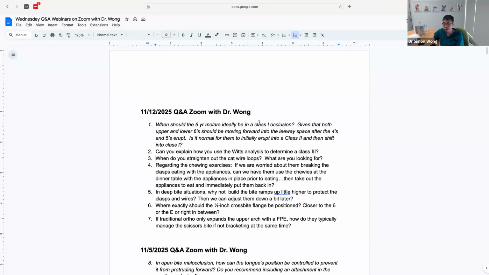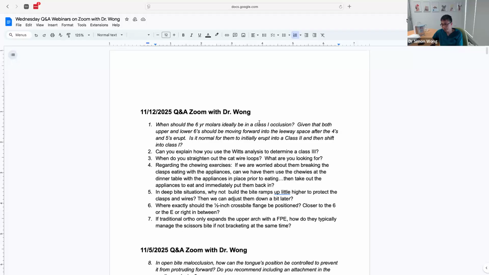We know leeway space is about 2.5 mils on the lower and 1.5 mils on the upper. So there's more mesial drift in the lower arch than the upper, which is why a flush terminal plane will be quite normal to precede a class 1 relationship when we have our teenage or permanent dentition.